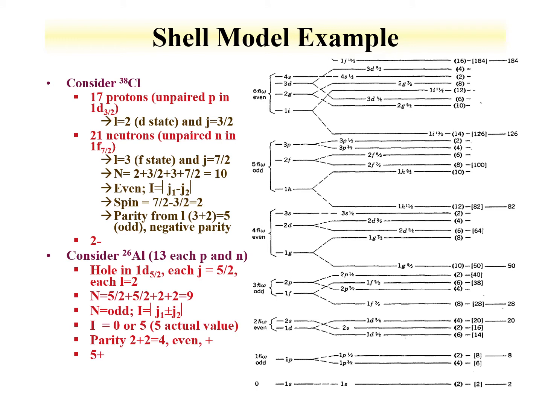We would expect the spin to be either 5 or 0. The parity, each state has L of 2. 2 plus 2 is 4, which is even. So the spin is either going to be 0 plus or 5 plus, and the actual value is 5 plus. So here's an example with the odd Nordheim number where you get a choice of answers to evaluate.